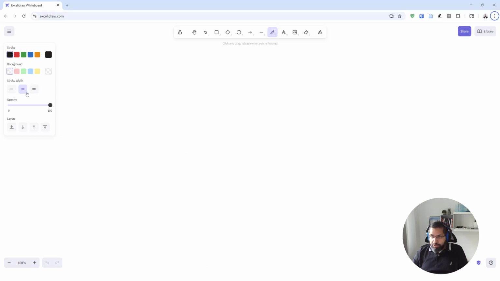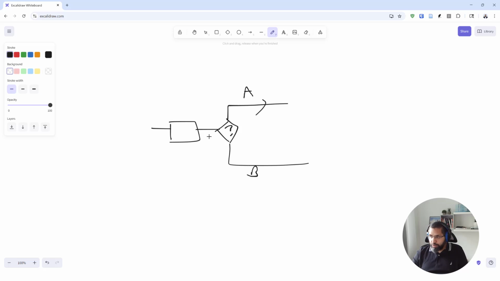Okay, so if you had something like this, a step, then you had a decision point, and then you had something like this, okay? And let's say, whatever comes here, you check is it type A or type B, and then type A goes here and type B goes here. Maybe there are 2 types of loan application, the 2 types of products.